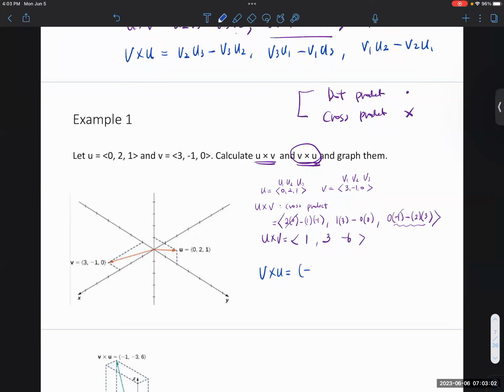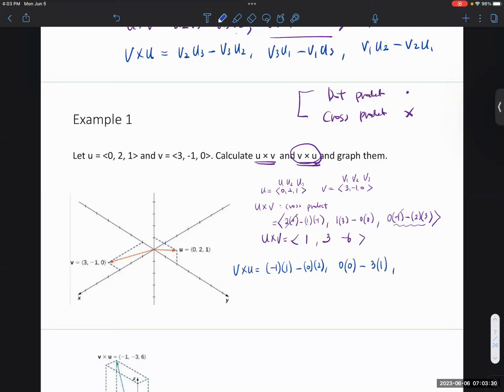V2, -1, times U3, which is 1, minus V3, 0, times U2, which is 2. So this is X. And then Y: V3, 0, times U1, 0, minus V1, 3, times U3, 1.